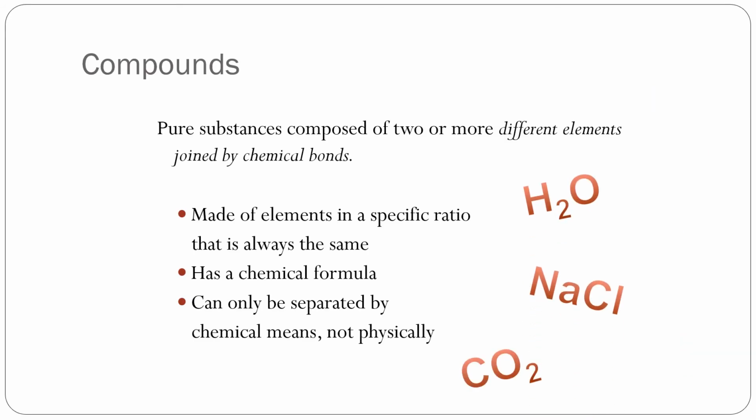Compounds are pure substances composed of two or more different elements joined by chemical bonds, made up of elements in a specific ratio that is always the same, has a chemical formula, and can only be separated by chemical means, not physically.